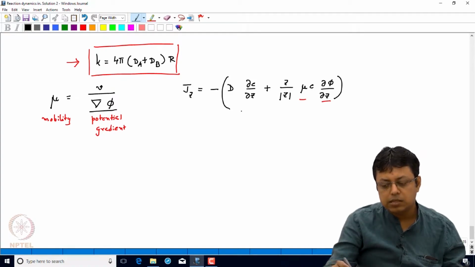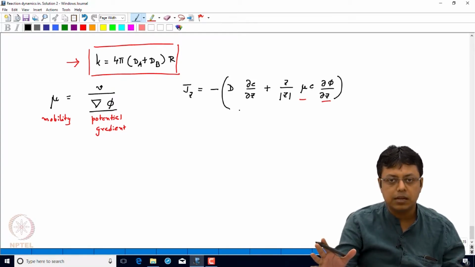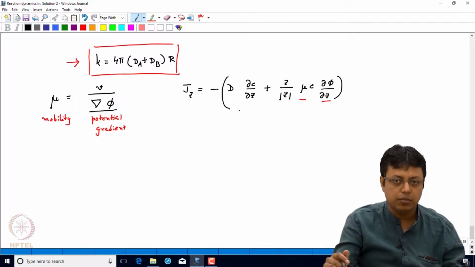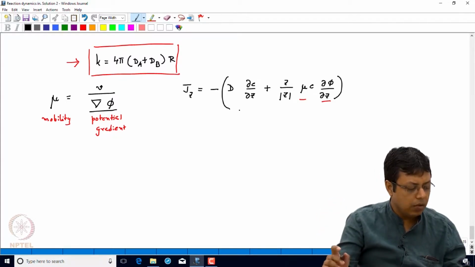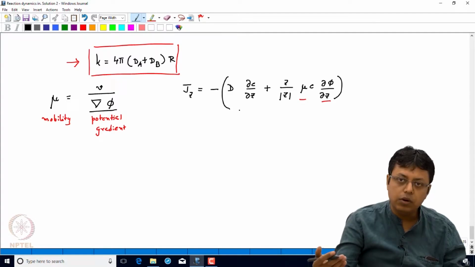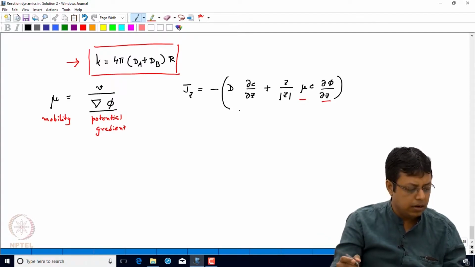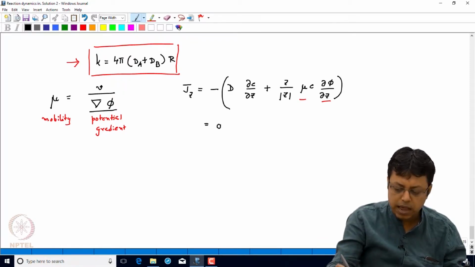The first part is a stochastic movement, and the second part is an active motion of the ions. Again, at equilibrium we can assume that the net flux is 0.